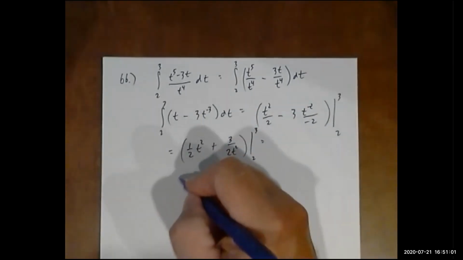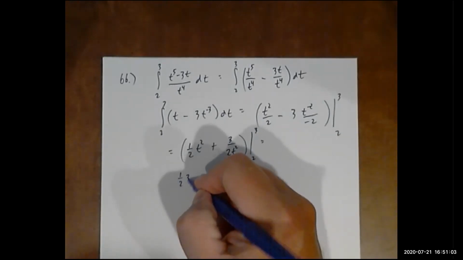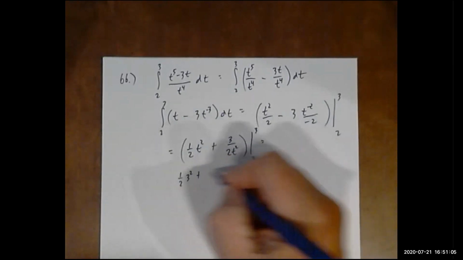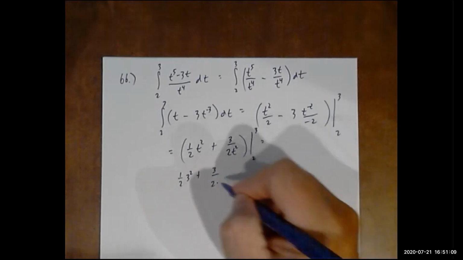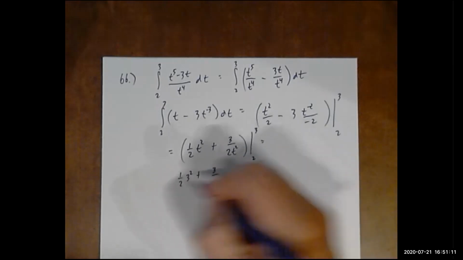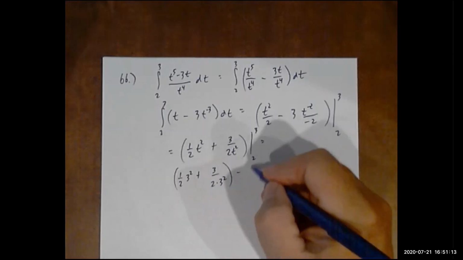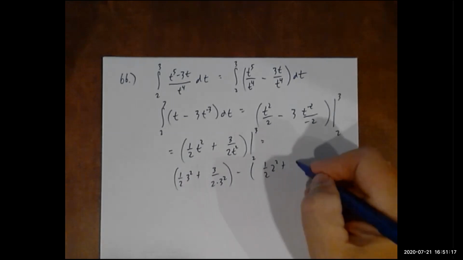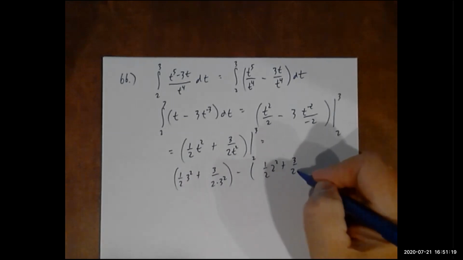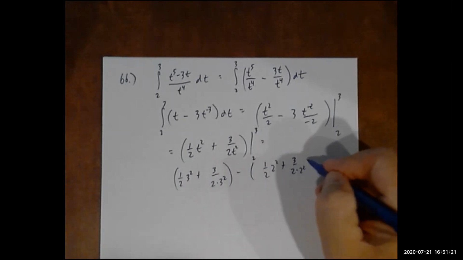Maybe do it down here in a room. 1/2 times 3 squared plus 3 over 2 times 3 squared, minus 1/2 times 2 squared plus 3 over 2 times 2 squared.